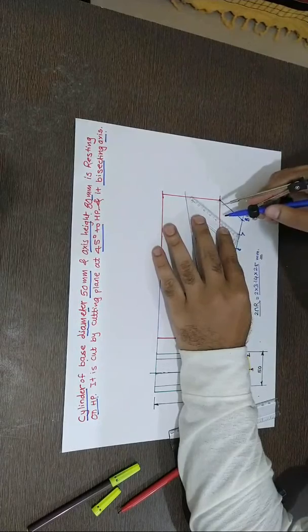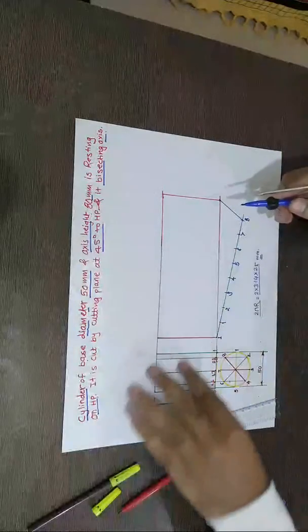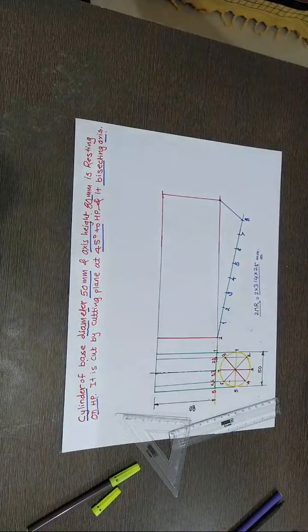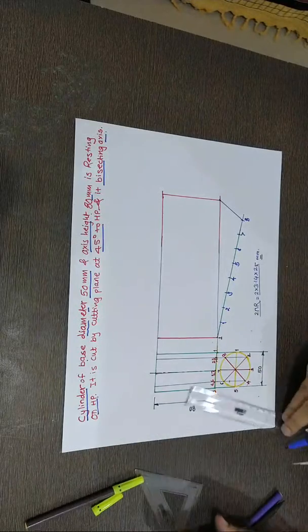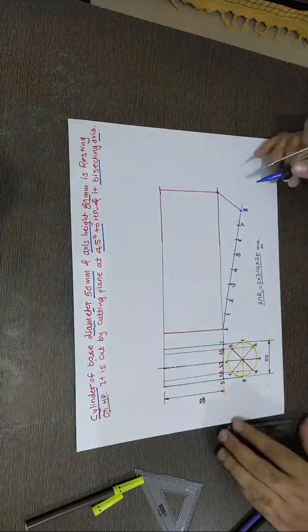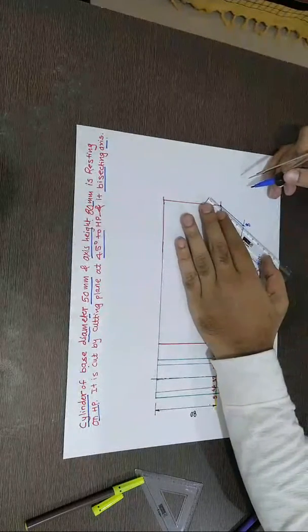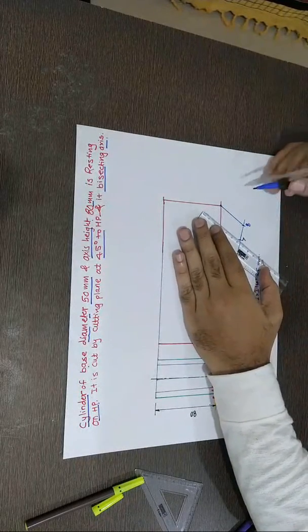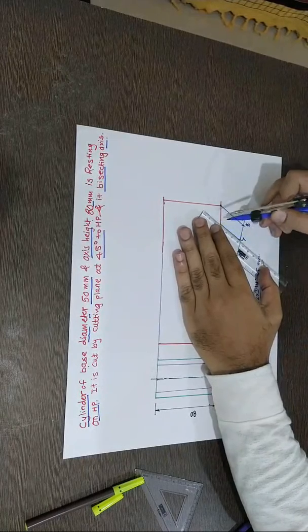So it's approximate actually. I'm not showing you the exact. I should have a ruler to draw exact parallel lines. So approximately I'll try to draw exactly parallel to this line. Okay, so please draw perfectly by using a drafter.